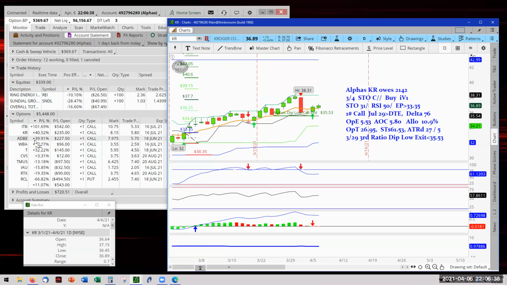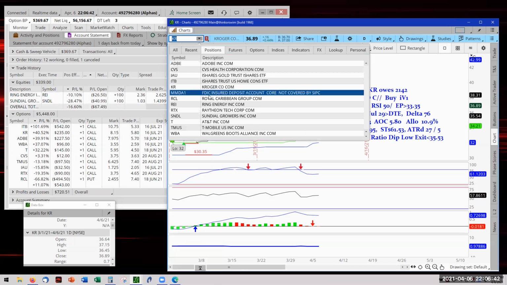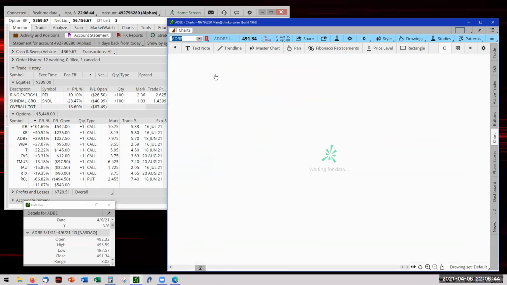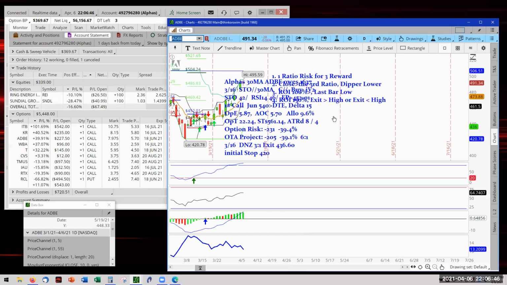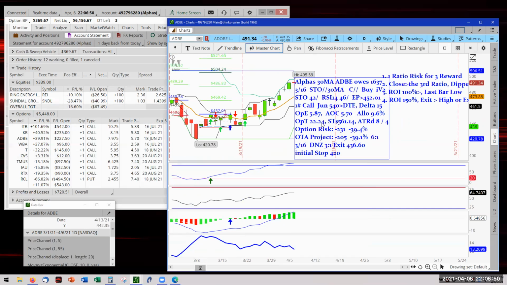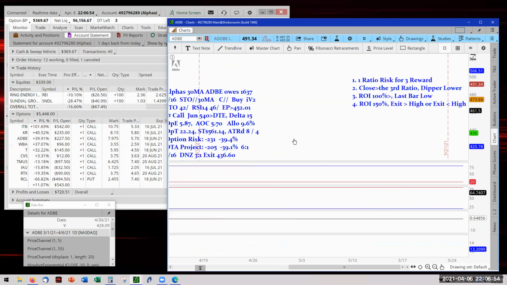All right, that said, let's go on to Adobe at 39%. Let's go ahead and master chart that. See, that will clean it up a little bit better. We'll zoom in.